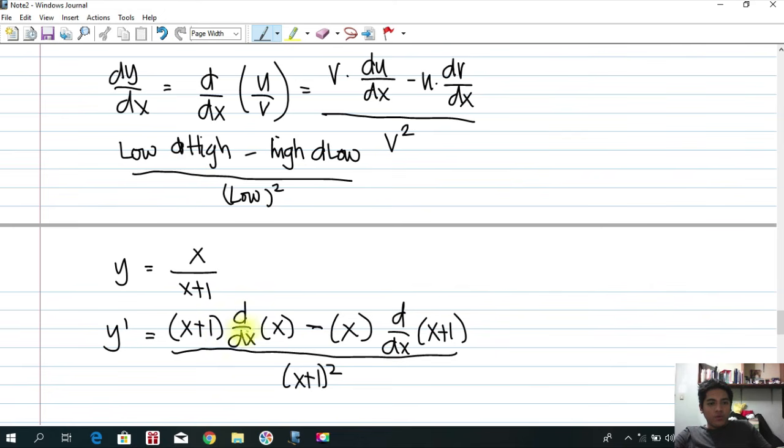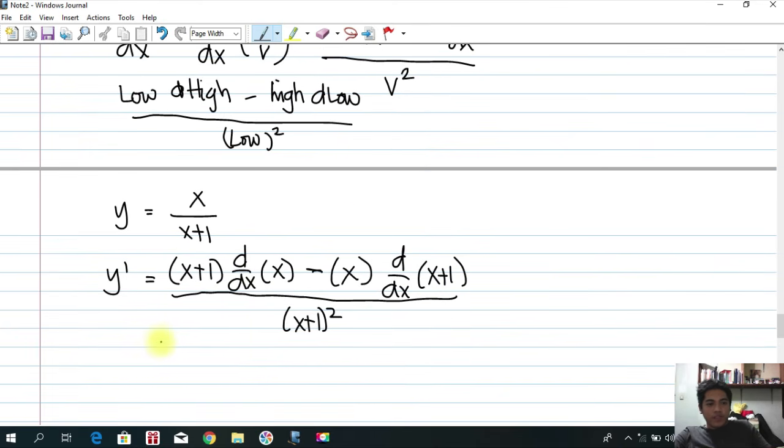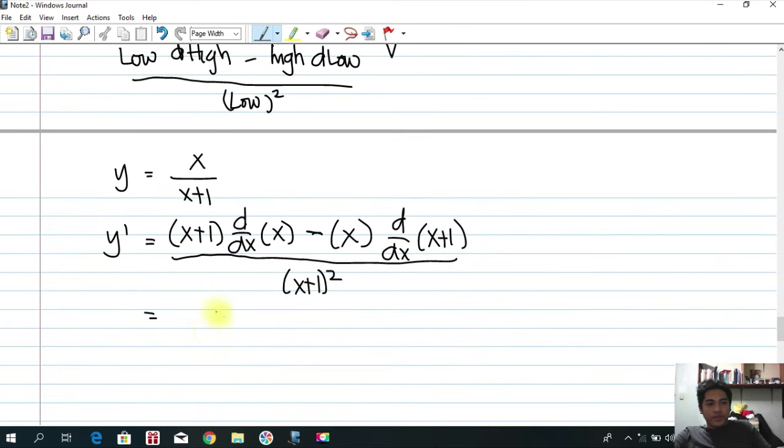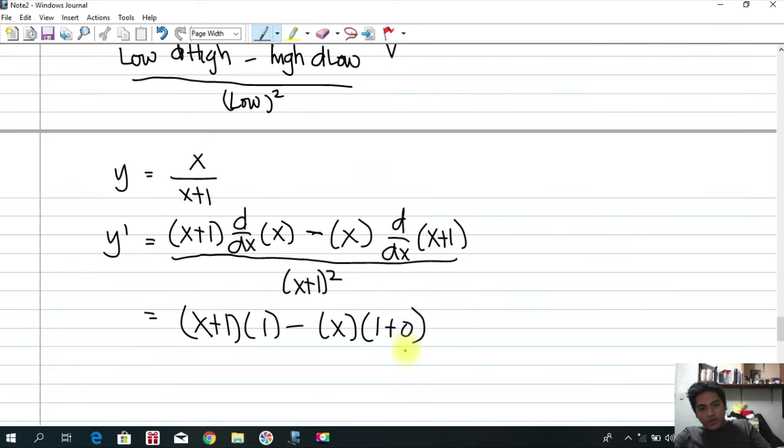So, low, derivative of high, minus high, derivative of low, divided by x plus 1 squared. So we shall have x plus 1 times the derivative of x, which is simply 1, minus x times the derivative of x plus 1, which is 1 plus the derivative of 1 which is 0, divided by x plus 1 squared.